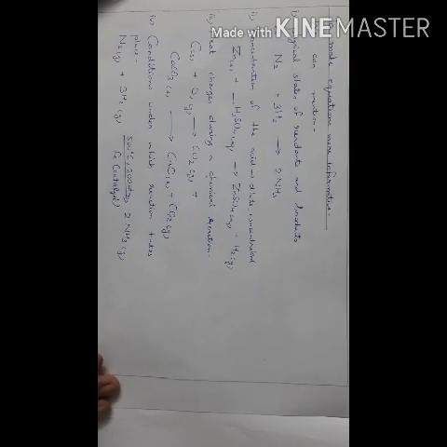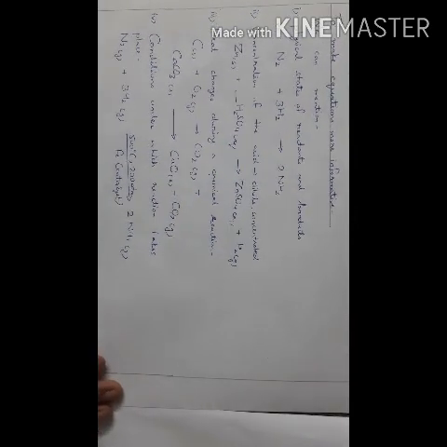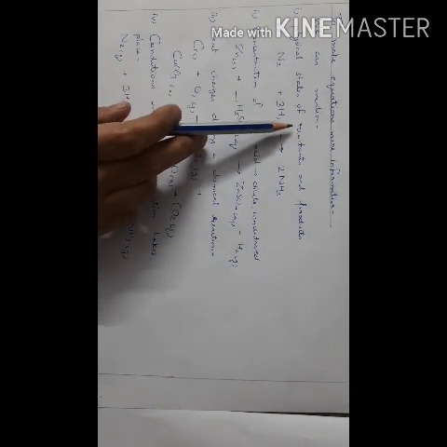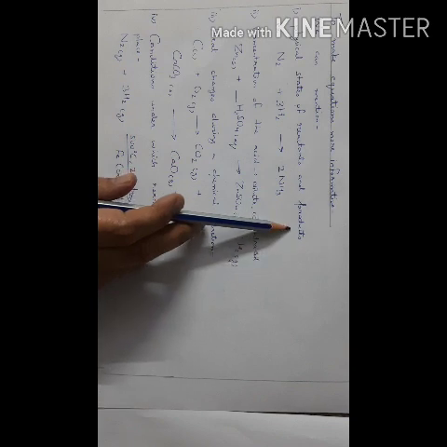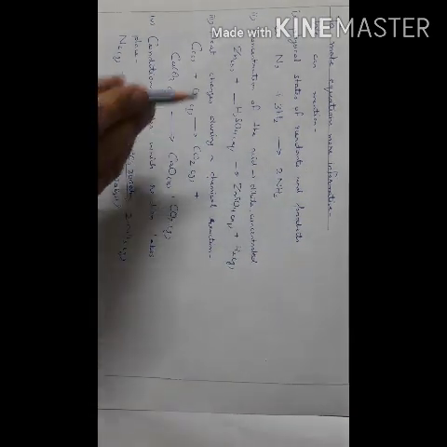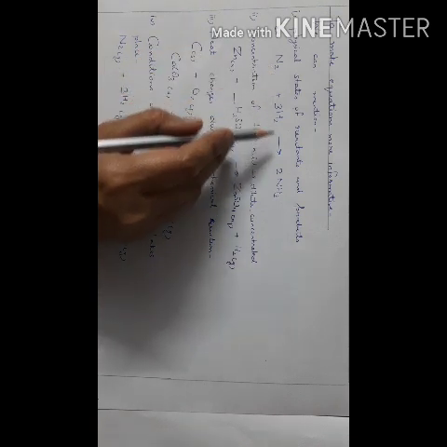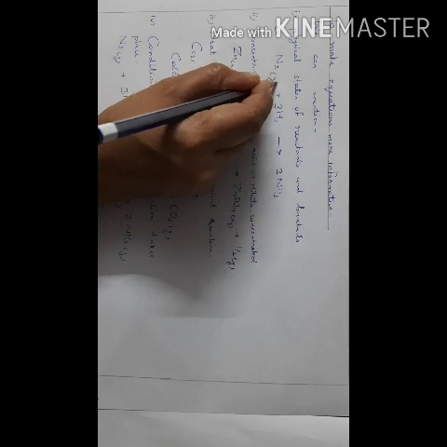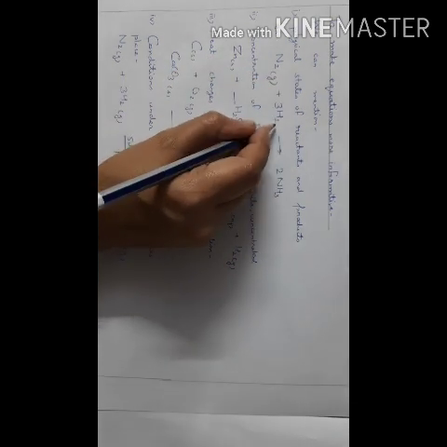Moving on. Children, after balancing the equation, we can make our equations more informative by mentioning the physical states of the reactants and the products which are participating in that particular chemical reaction. For example, N2 plus H2 gives ammonia, NH3. N2 is a gas, so at the base I can write g.